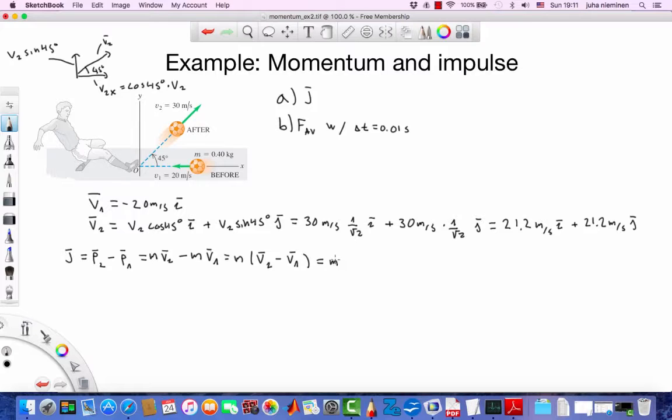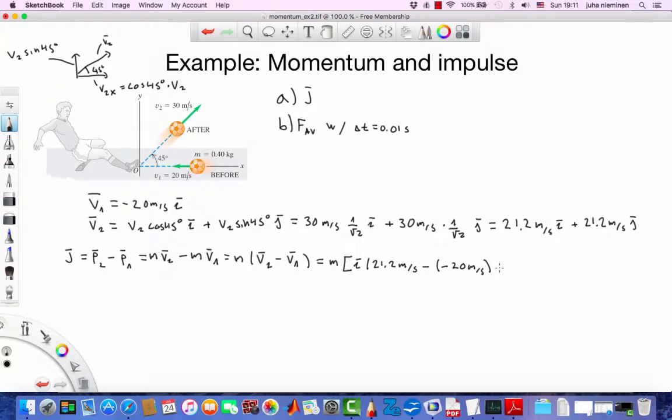And what do we get? In i direction, we have first of all v2, 21.2 meters per second. And what is the i component? That's v1, so minus, and then the actual value minus. That's important.